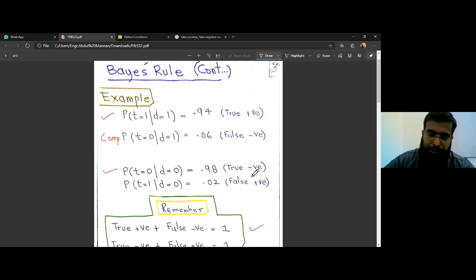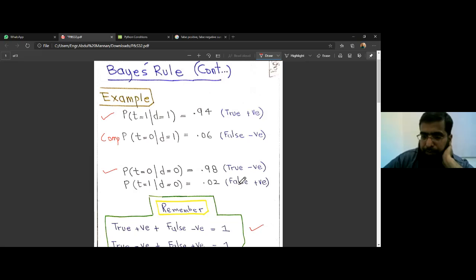So this is true negative. We know that true negative and false positive. False positive means that the disease isn't there, but the test has falsely detected it to be there. So therefore, it is called false positive.